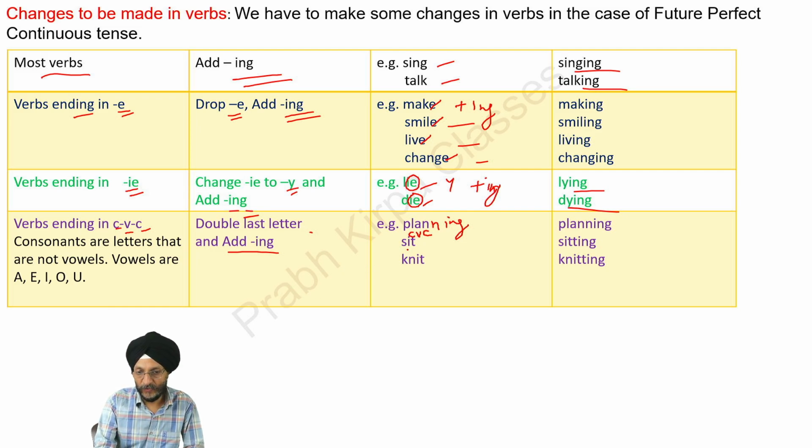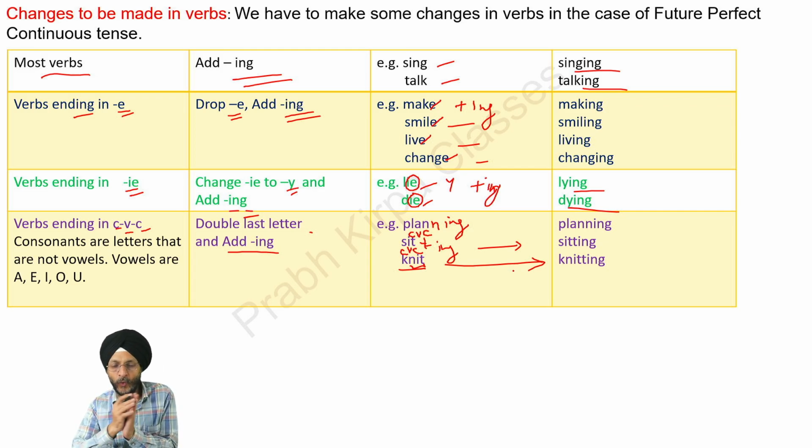You can see in case of sit, T is also a consonant, I is vowel, S is a consonant. We have to make it add T plus ing. Sit becomes sitting. In the same way, knit also follows the CVC pattern. Knit becomes knitting. You are to go through your books to find out what shape the verb takes.